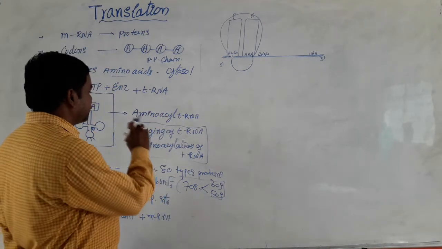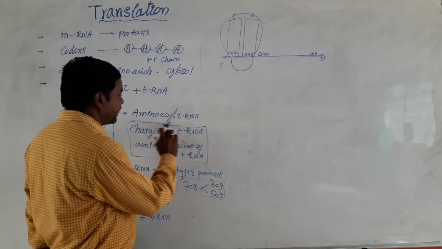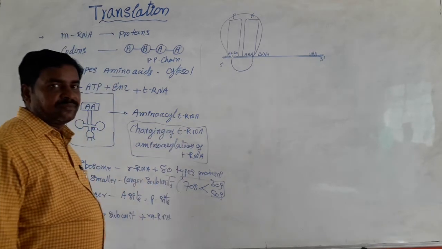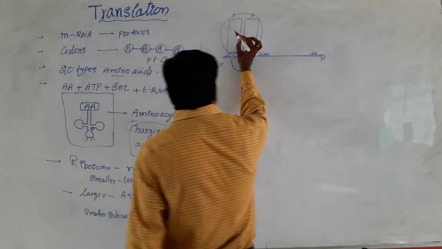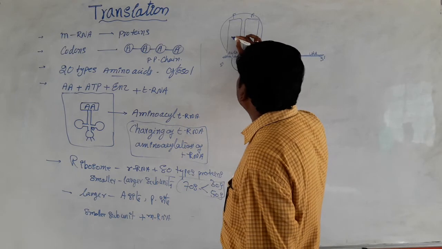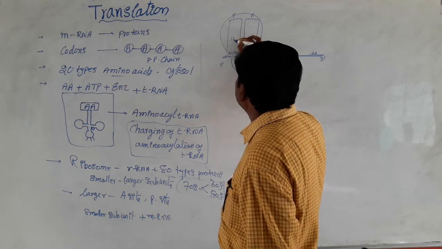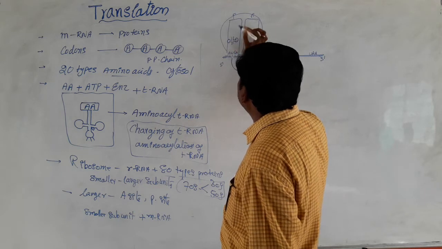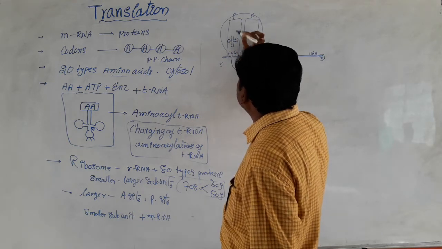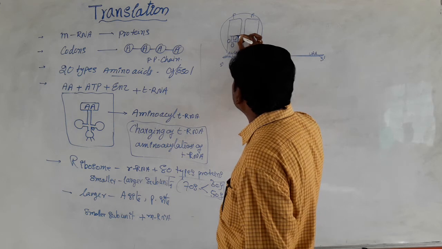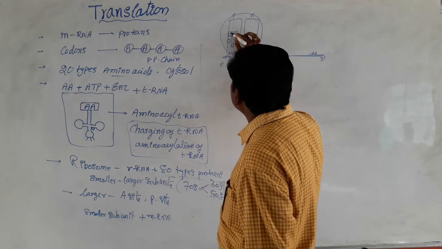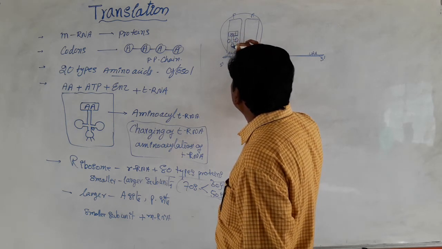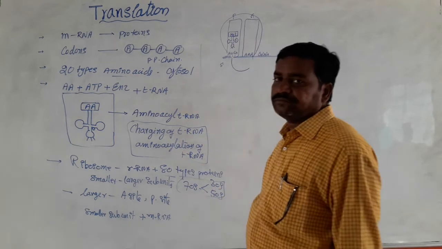That is considered as formyl methionine tRNA. Now this formyl methionine tRNA enters the P site of the larger subunit.